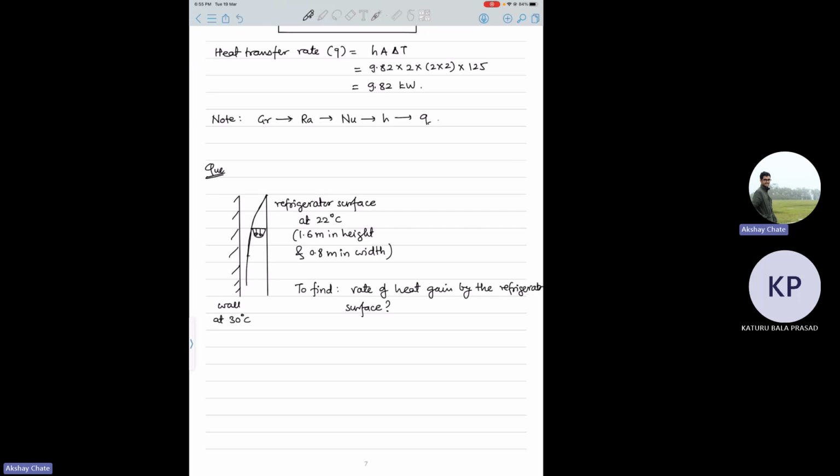And here the temperature profile will be something like this, because your outer temperature will be higher outside the boundary layer. And you can assume the air is at 30 degrees Celsius. They have given the wall, but sometimes that is given to confuse you.